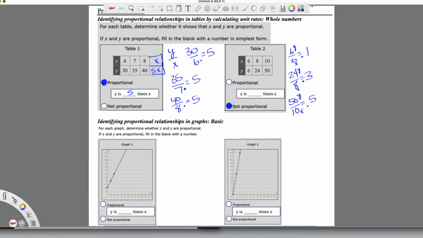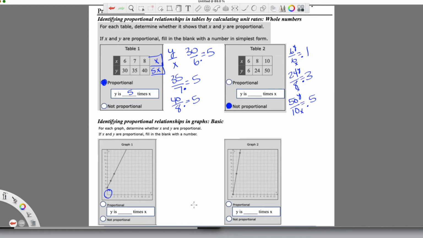All right. So if we're looking at the graphs here, there's a very, very easy way to know whether or not it's proportional. You don't necessarily have to check x and y unless it meets this requirement. To be proportional, it has to pass through 0, 0.